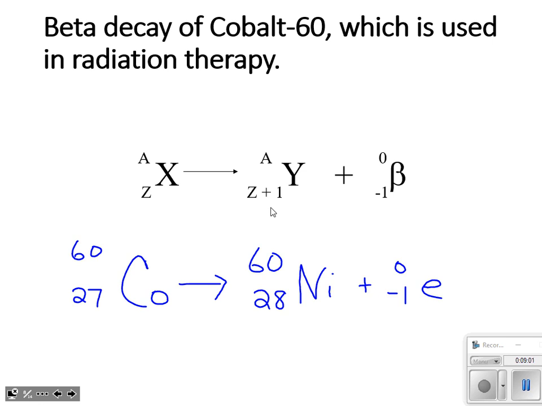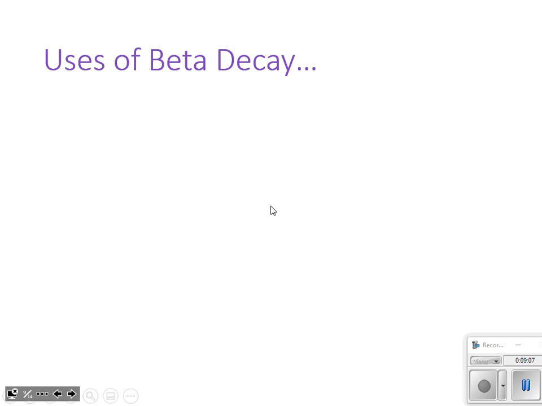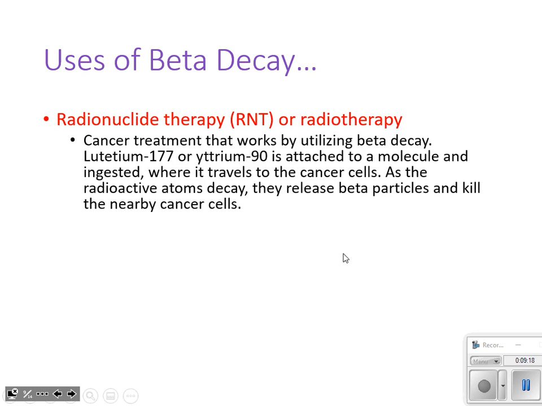Now, beta decay. What are some uses of beta decay? Well, okay, RNT, radionucleotide therapy. Well, what is that? Once again, it's a cancer treatment. It utilizes beta decay.